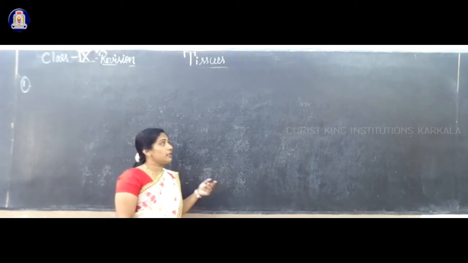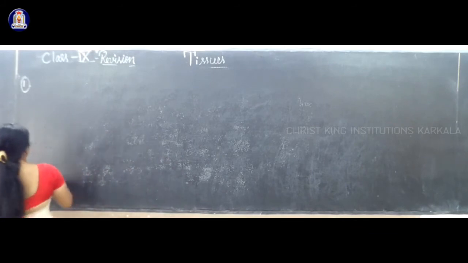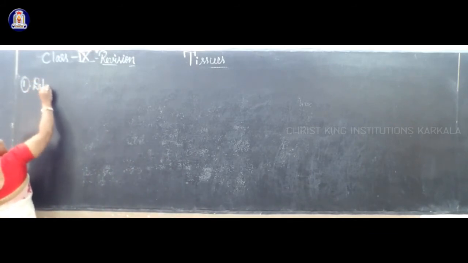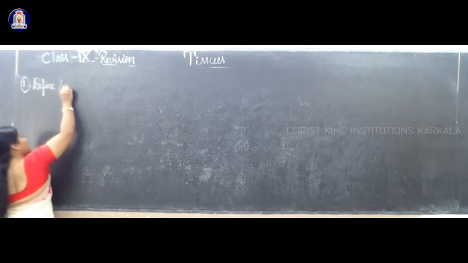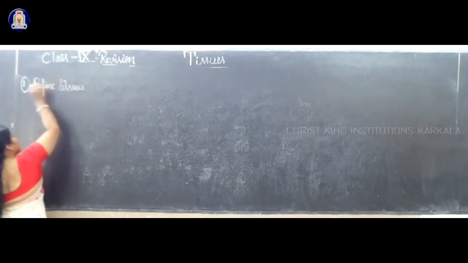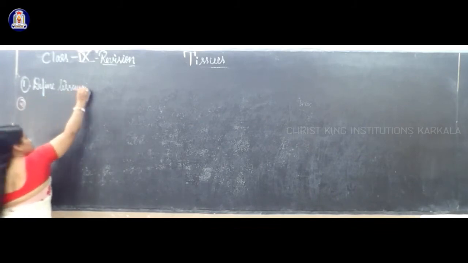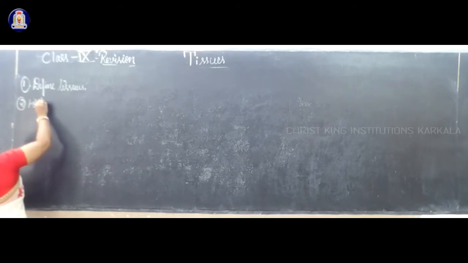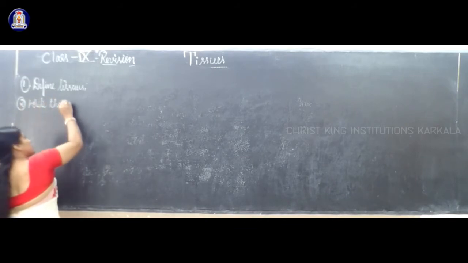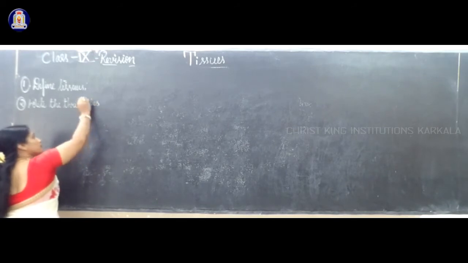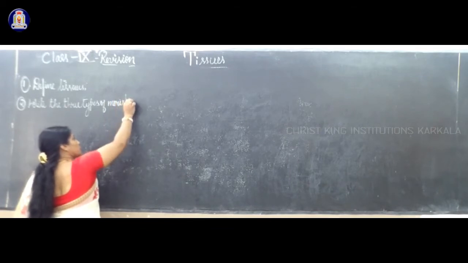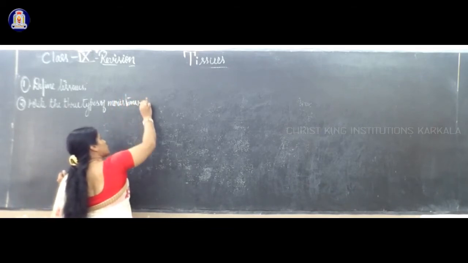Okay, related to that, now the question and answers. What are tissues? That is, we know the definition of tissues. So this is a 1 mark question, define tissues. Next one, the second, the major question: write the 3 types of meristems or meristematic tissues with their function.